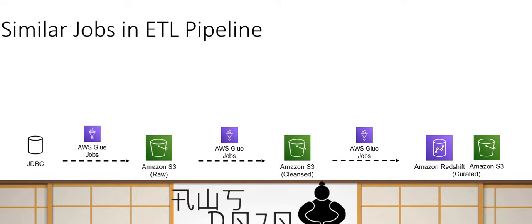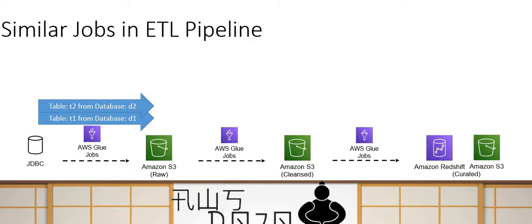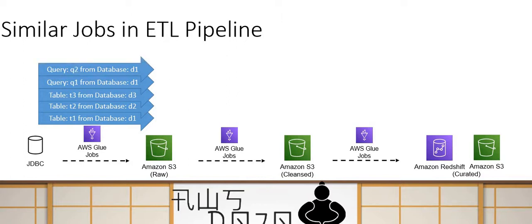In such an ETL pipeline, if you're building many such pipelines, you will find that many jobs, many tasks are very similar. Let me give you some examples. For instance, read data from table T1 from database D1. Read data from table T2 from database D2. Read data from table T3 from database D3. Read data from query 1 from database 1, or read data from query 2 from database 1.